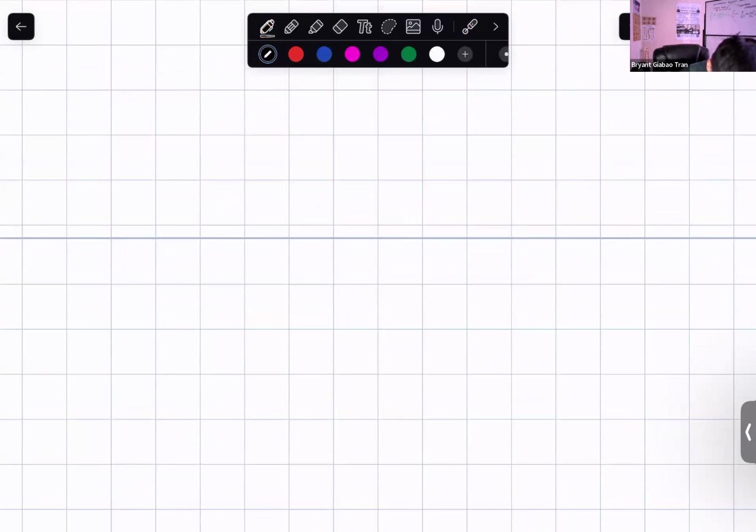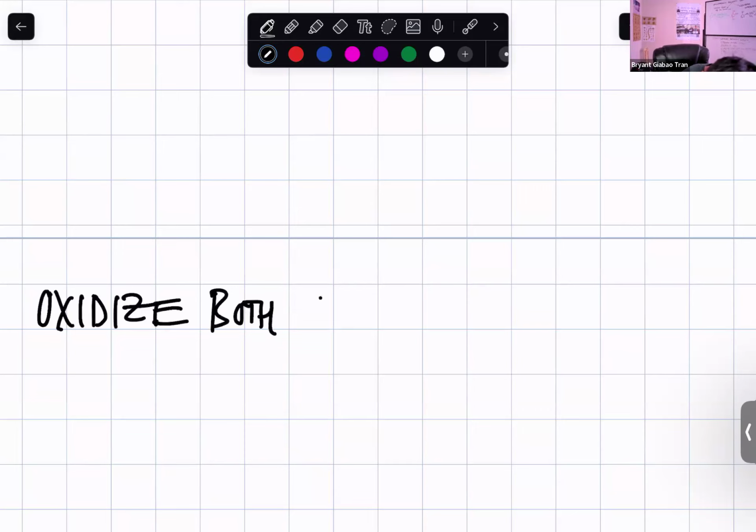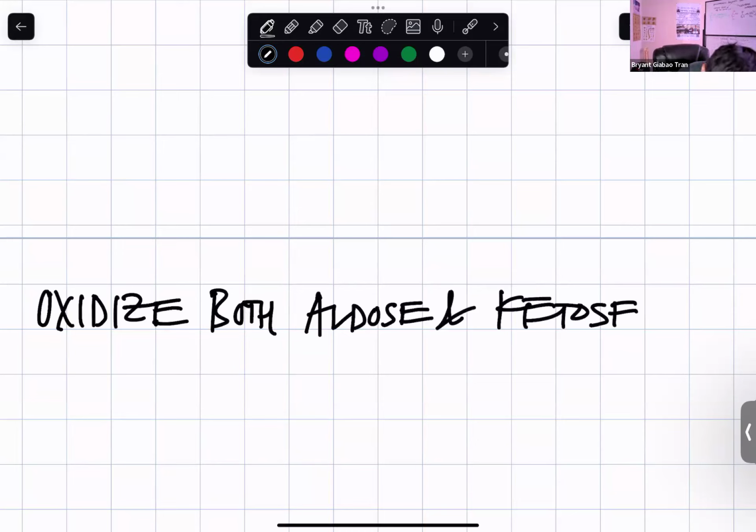So sugars, oxidation: we can oxidize both an aldose and a ketose to aldonic acid. Right.